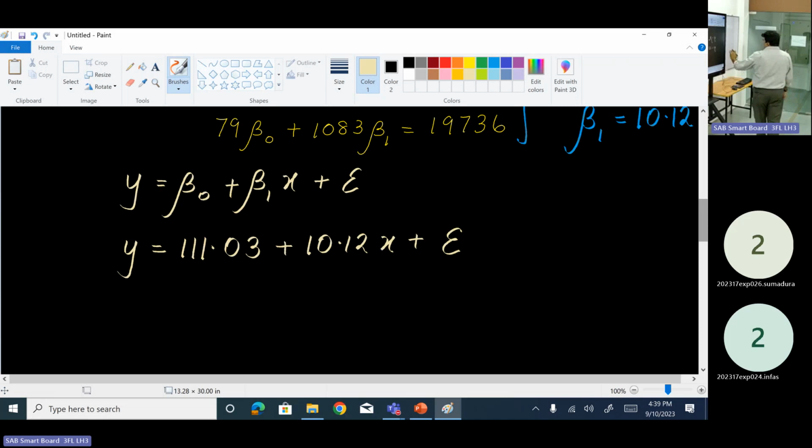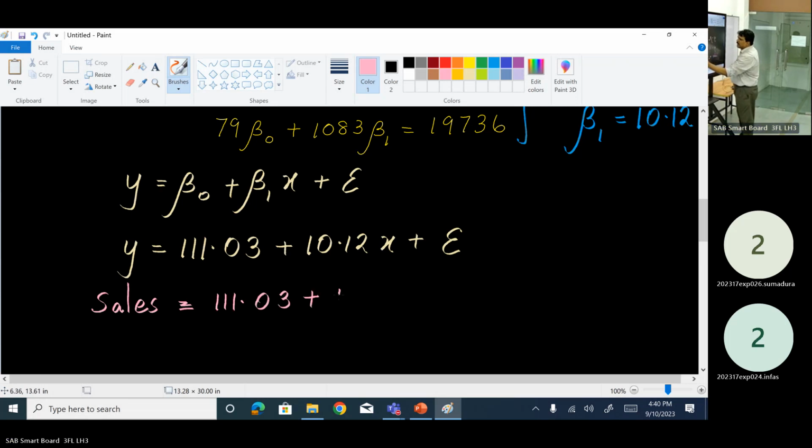So this is the regression model with the fit line. So now we know what this x and what this y are. If you want, you can plug in the real names. So y is sales. Sales equals 111.03 plus 10.12 times x.